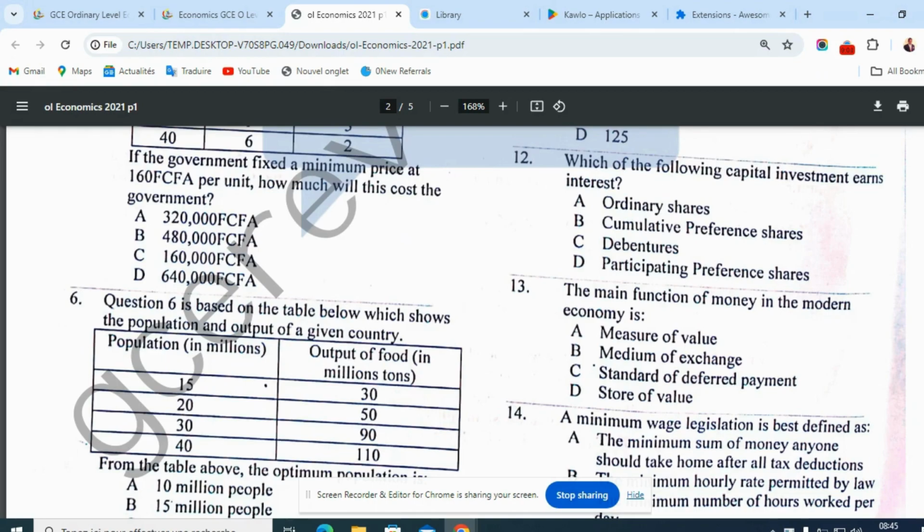The correct answer is B, medium of exchange. It's important that you try to think your own answer before I give my answer, because with that, it's difficult for you to forget what you have learned or the revisions, right? Remember, we are on revisions. So we said that the 13, the correct answer is B, medium of exchange.